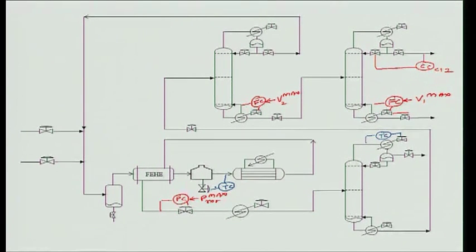I also set this temperature equal to 367 degrees Celsius. This is also set at its optimum value, T optimum, whatever it was, I think it was 330 degrees Celsius or something. So the reactor inlet and the reactor shell temperature are set at appropriate values that ensure that the conversion and selectivity are maintained.